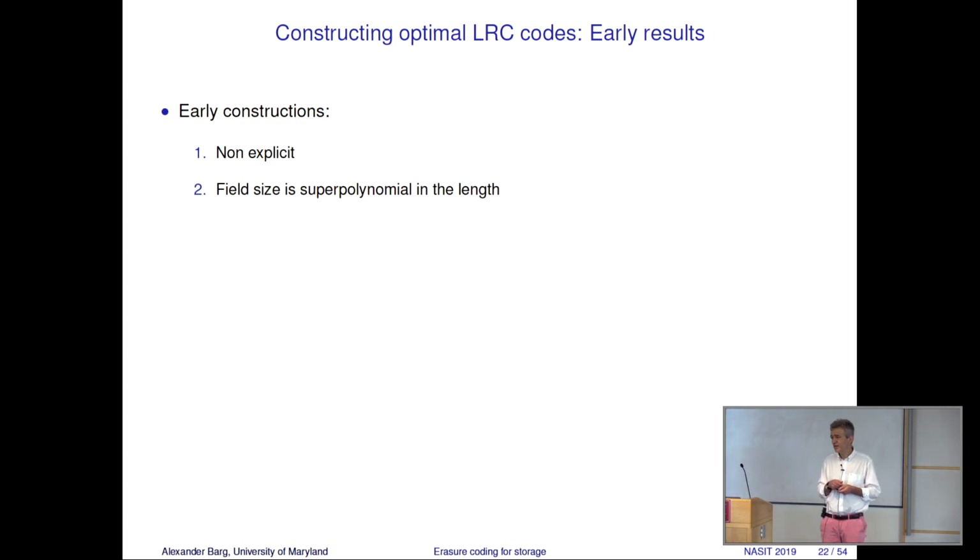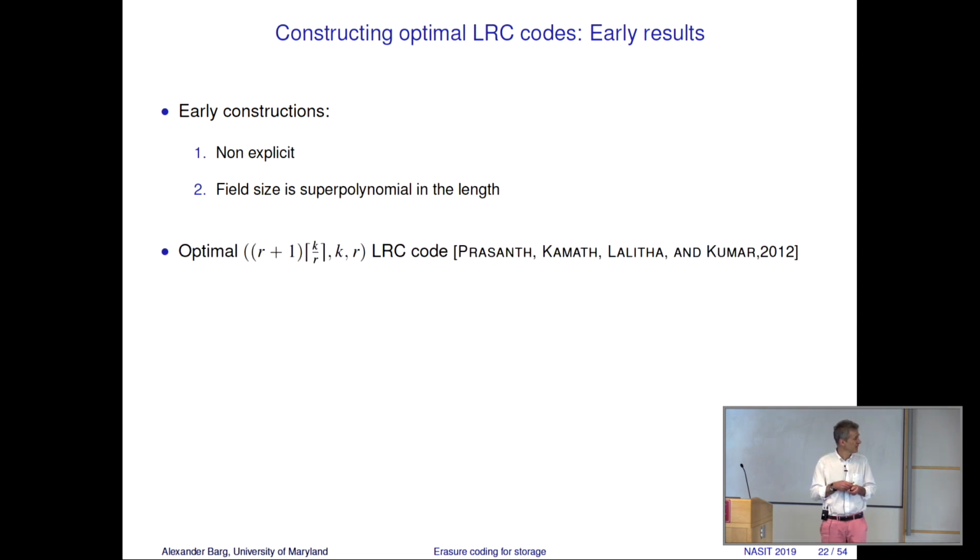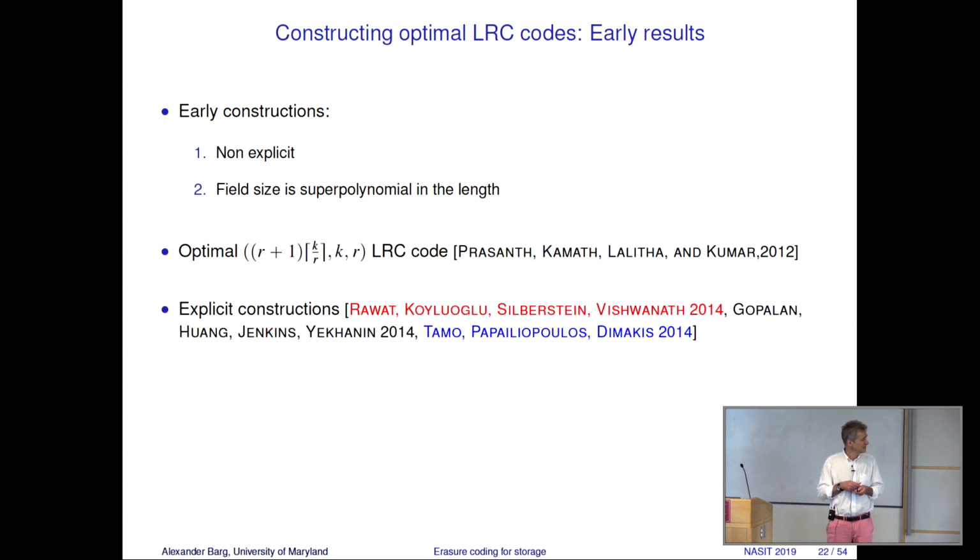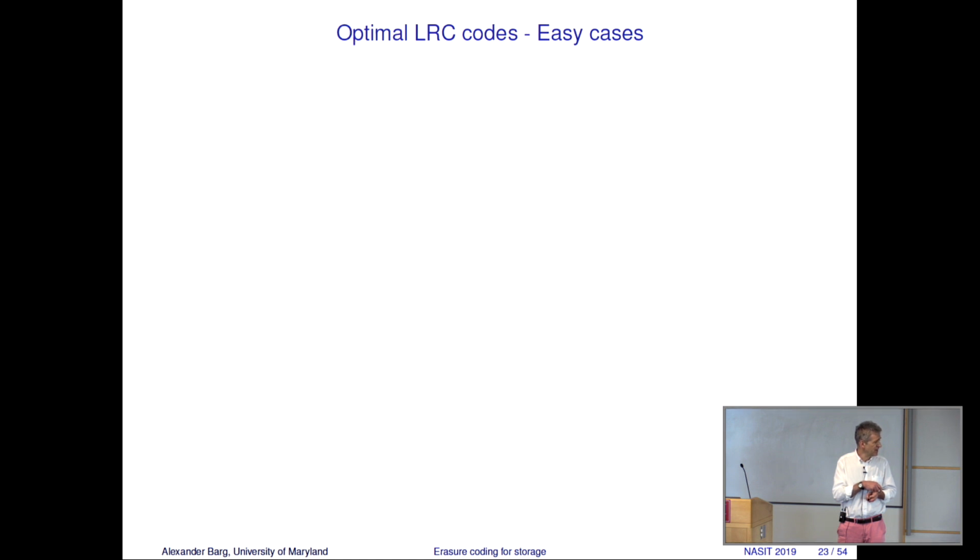Because that would be more difficult to install. Again, one of the first constructions for this specific choice of parameters were provided by Vijay Kumar and his students as early as in 2012. There were some explicit constructions over large fields for any parameters, but large field, as I said.